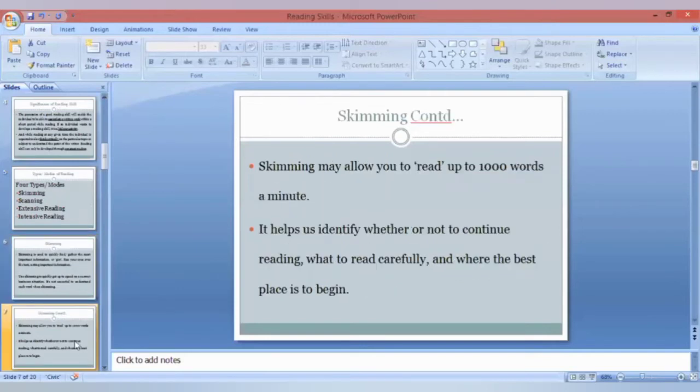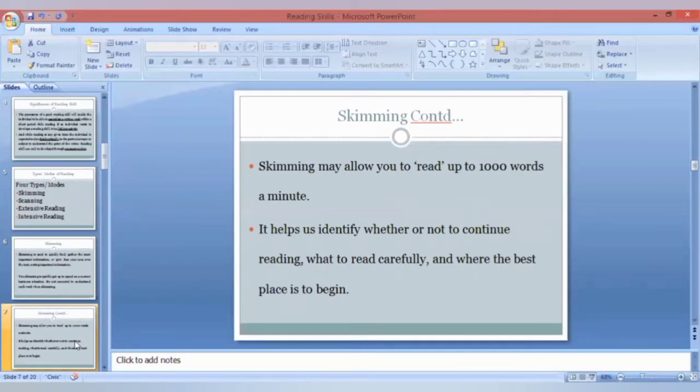Now, skimming is that mode of reading which allows you to read up to 1,000 words a minute. Almost every individual who is good at reading can read almost 1,000 words a minute.